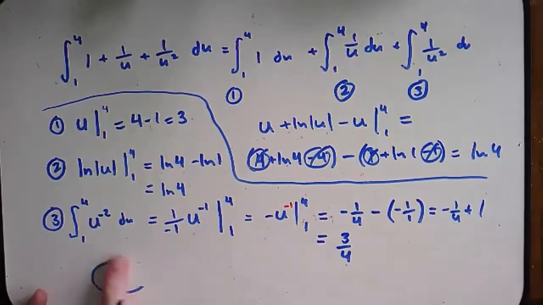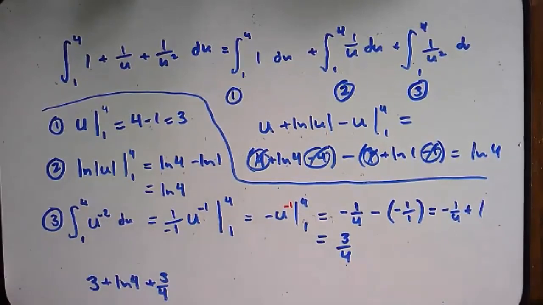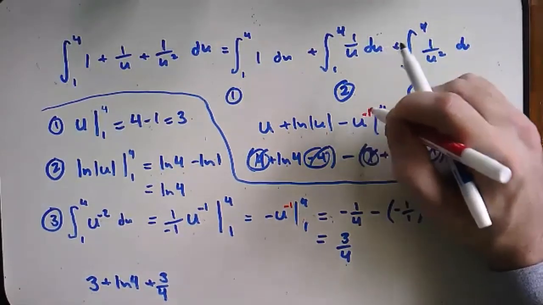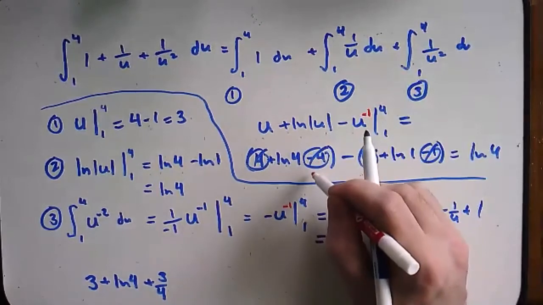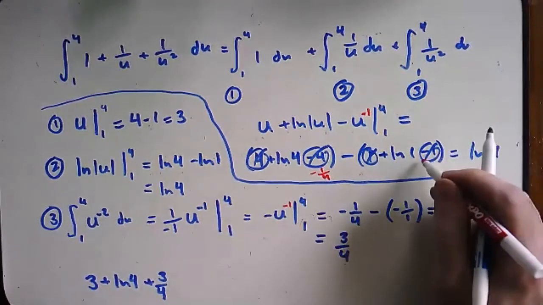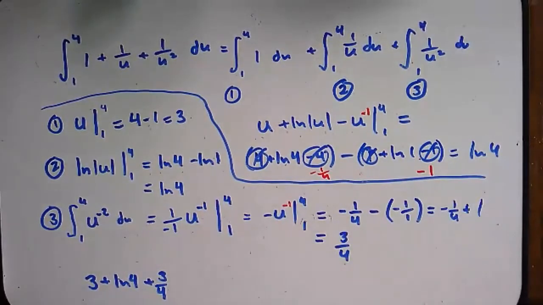So my final answer should be 3 plus ln 4 plus 3/4. And likewise, in my version up here, that should be the negative first power, so this would be negative 1/4, and right here should be negative 1. Sorry about that.